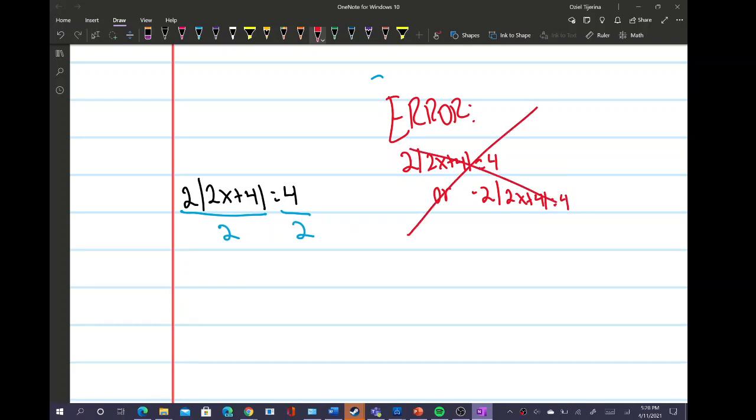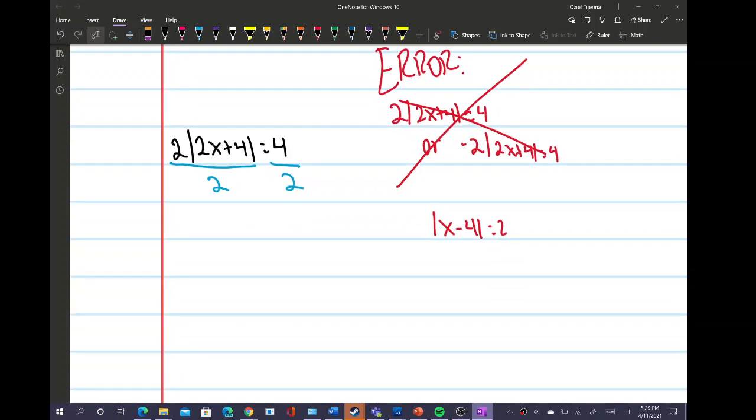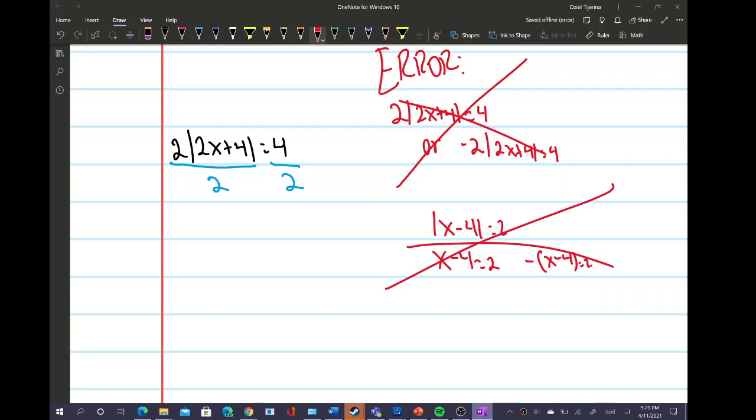You never want to change the 2 to a negative, or even if you have like the absolute value of x minus 4 equals 2, and then you say, oh, that means that x minus 4 equals 2 and negative x minus 4 equals 2.